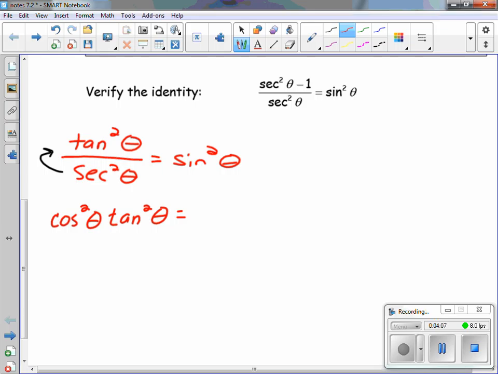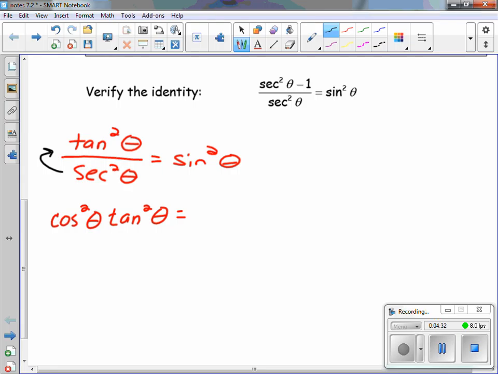We're going to try to make it become sine squared. All right, we're not quite there yet. Right, when we move that up, it becomes multiplication.